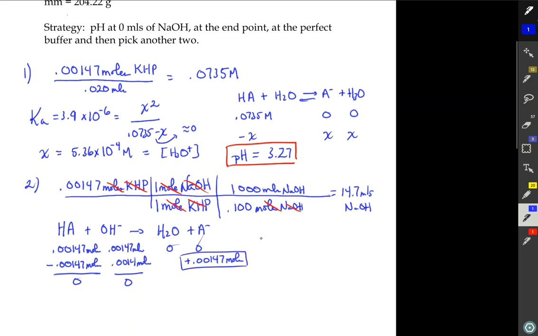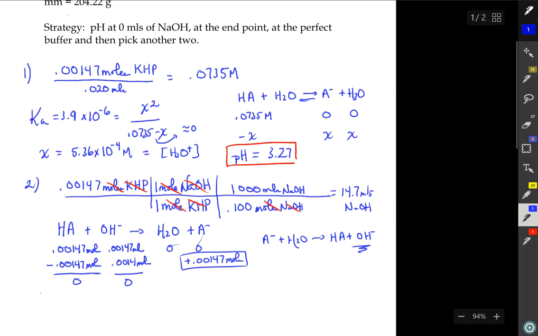So at this point, we're looking at A minus plus H2O yields HA plus OH minus. So this is the base because of that. And so we need to find Kb.